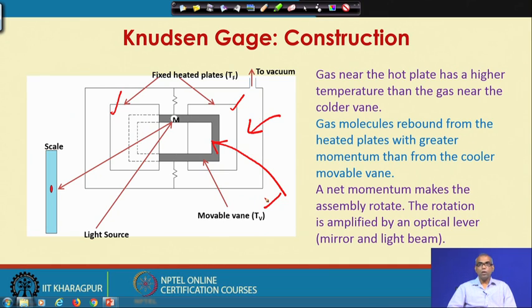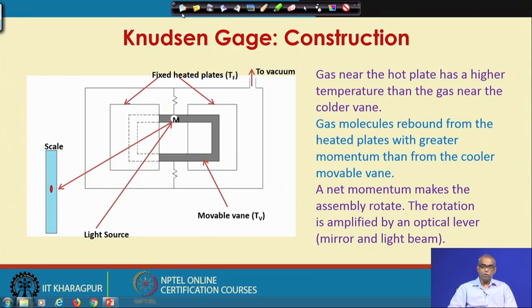The temperature of the movable vane is lower than the temperature of the two fixed plates. Now, you apply vacuum, that means you connect this chamber to the vacuum source.